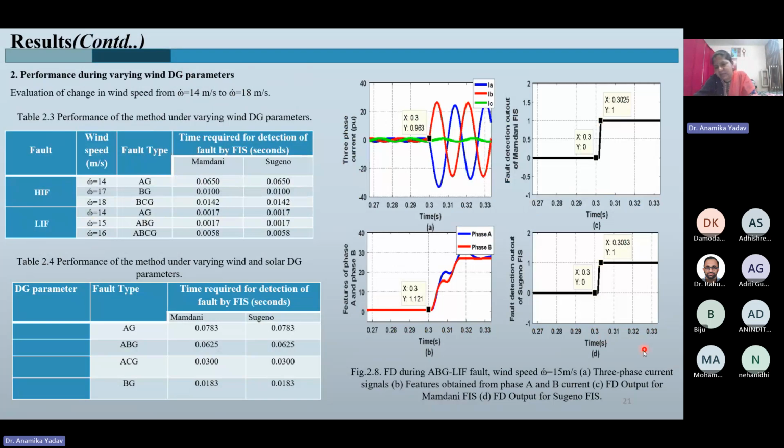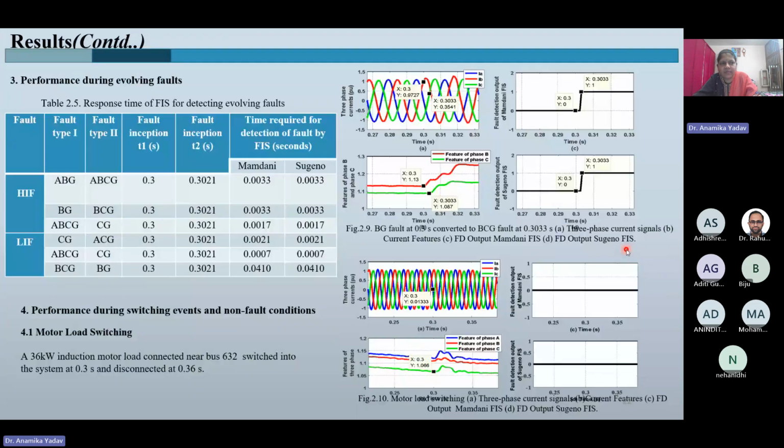It can be seen that even if the wind speed changes, the performance of the scheme is not disrupted. It is able to detect the presence of fault in very less time, in 2.5, and here in 3.3 millisecond time.